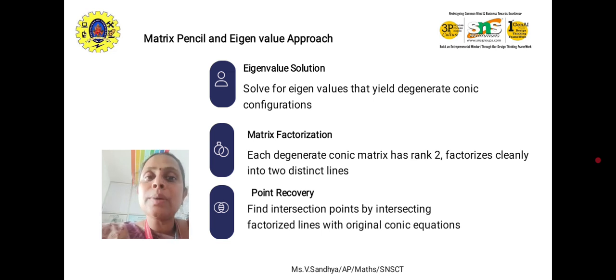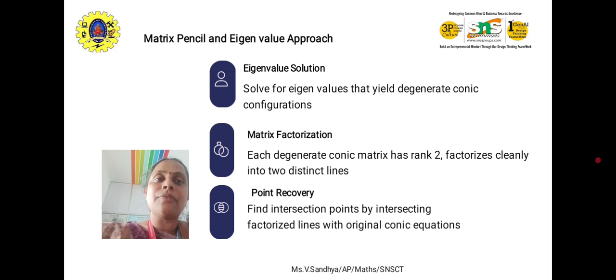We find the unknown c1 and c2 values and form the characteristic equation. Then we find the roots of this characteristic equation, that is, the eigenvalues, which yield the degenerate conic configuration.